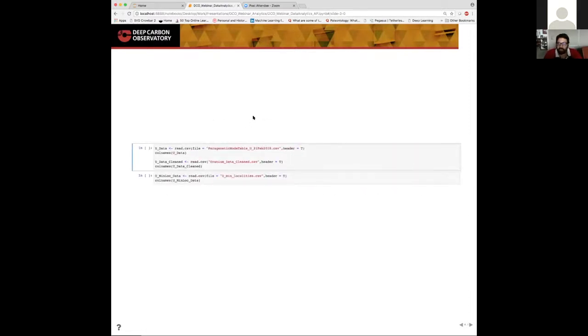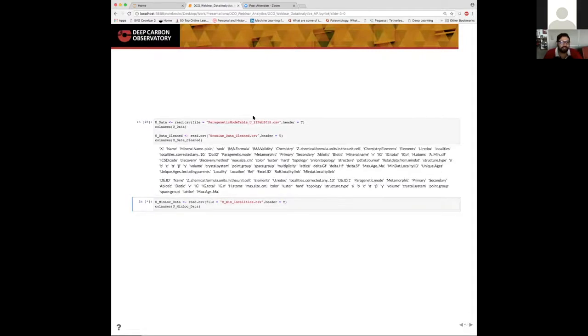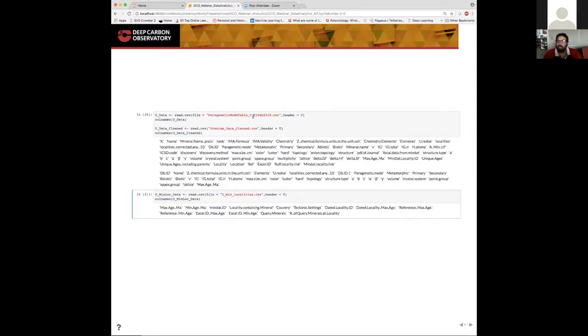So let's start off by loading our data sets. We use the read.csv function for reading in our data from a file. The first table contains uranium mineral data. As you can see, we have chemical formula information, we have age, locality, latitude, longitude, structural complexity, unit cell parameters, and many more features.